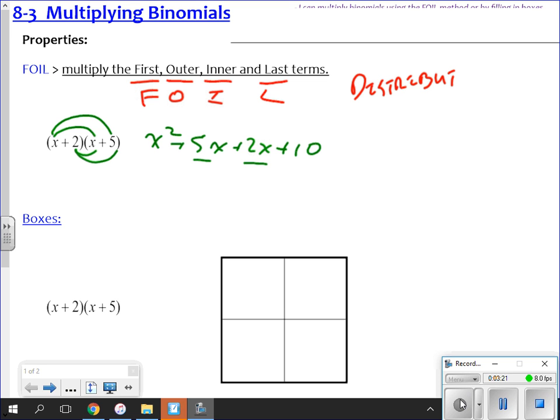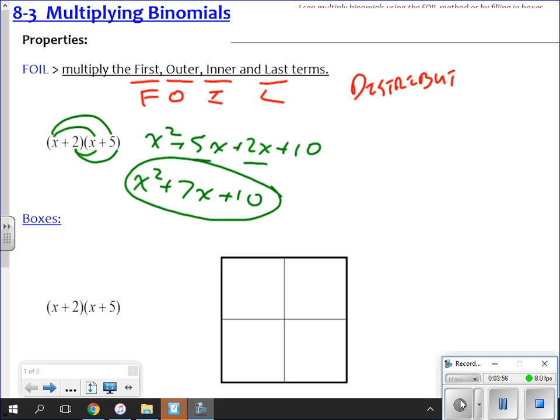So I have x squared here, and then I have 5x plus 2x, gives me 7x plus 10. Piece of cake. First, outside, inside, last. You multiply the first term in each one, you multiply the outside terms, you multiply the inside terms, you multiply the last terms. FOIL works great if you have two binomials.